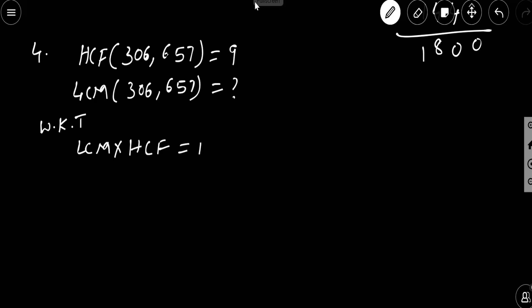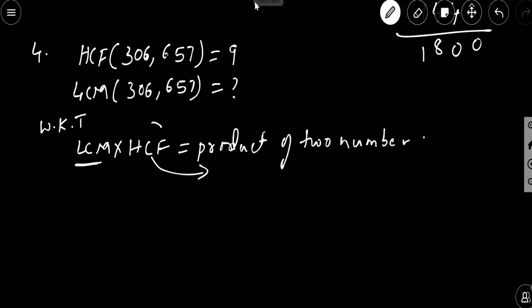This is equal to product of two given numbers. So what we have to find out, we have to find out this one. So what will I do? I will remove this HCF. If I take this HCF this side, it will go into denominator. So LCM is equal to product of two numbers divided by HCF.